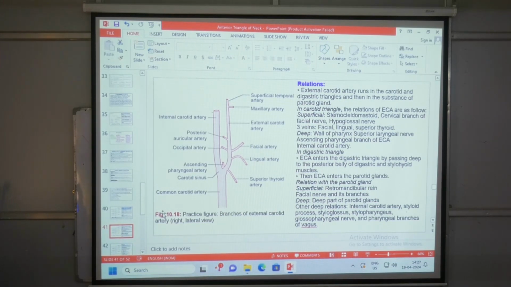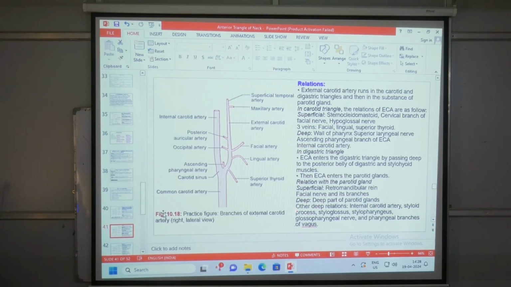So within the parotid gland, the facial nerve and its branches lie most superficial. Deep to it lies the retromandibular vein, and deepest is the external carotid artery. So three structures, nerve, vein, and artery, lie from external to internal within the substance of the parotid gland.